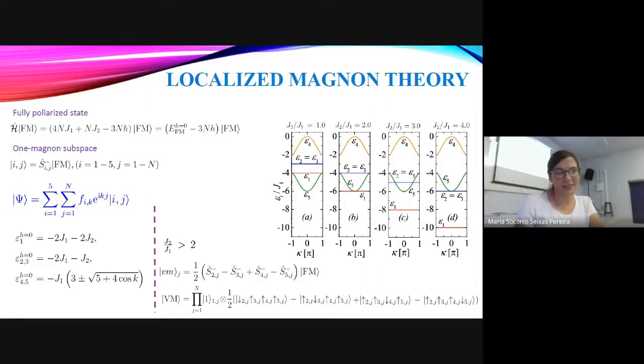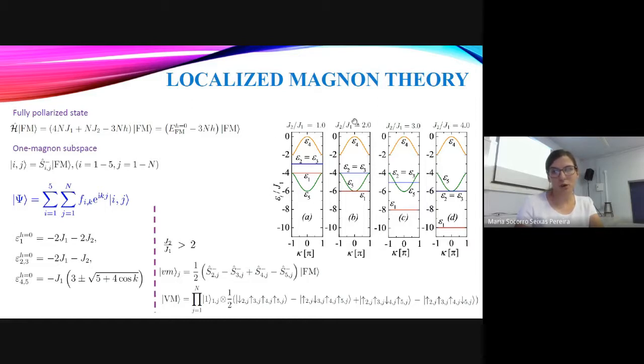And according to this, one can solve the eigenvalue problem and obtain 5 energy bands, which are shown in these figures.